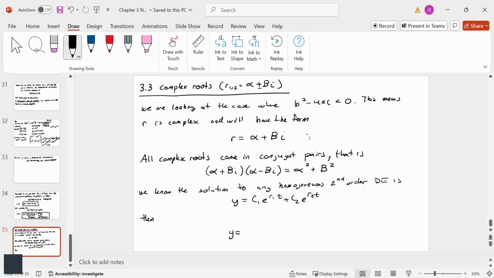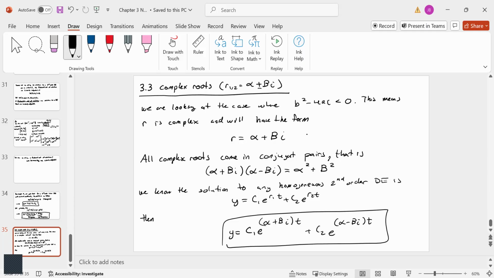Then y would just be equal to c1 e to the alpha plus beta i times t plus c2 e to the alpha minus beta i times t. Like, that's the solution. And if you wrote that down, you are not wrong at all. That's actually correct. However, there is a fundamental problem.